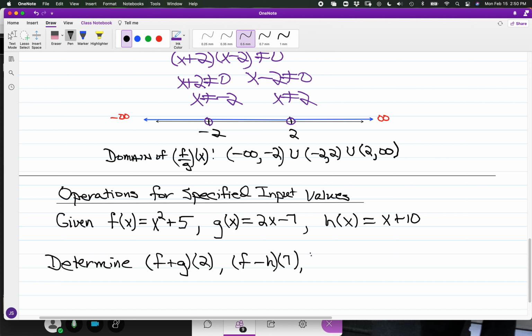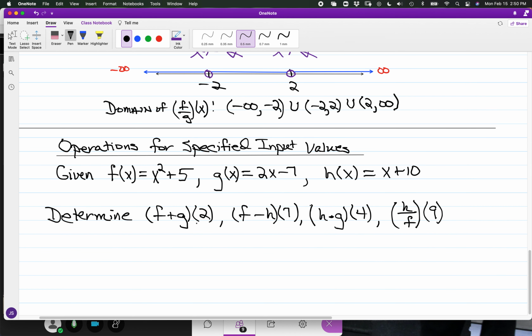And then we'll say we have h times g of 4. And we'll say we have h over f of 9. Okay. So for the specified input values, you have 2, 7, 4, and 9.